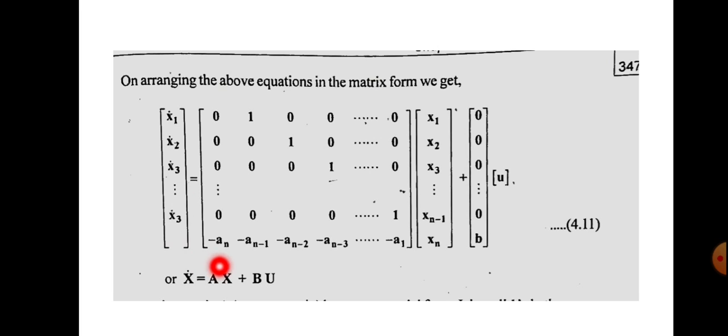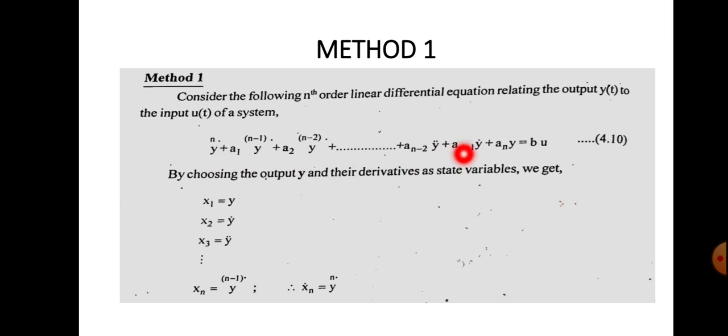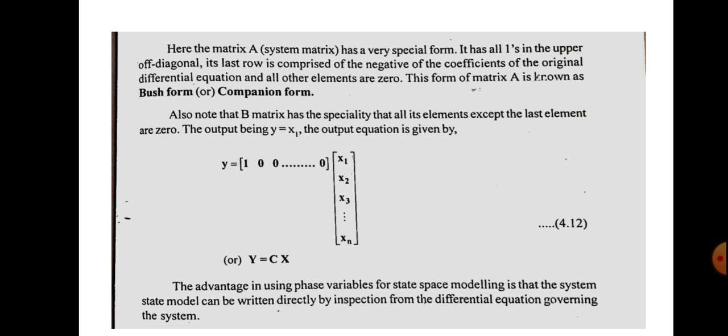When you analyze this matrix, you can see that it constitutes a diagonal matrix except the first column, and at the last you can see that the last row contains the negative of the coefficients of the differential equation. This was the differential equation given to you at first, and so the last row contains the negative of the coefficients of this differential equation. Okay, so that type of system matrix is called Bush form or companion form.